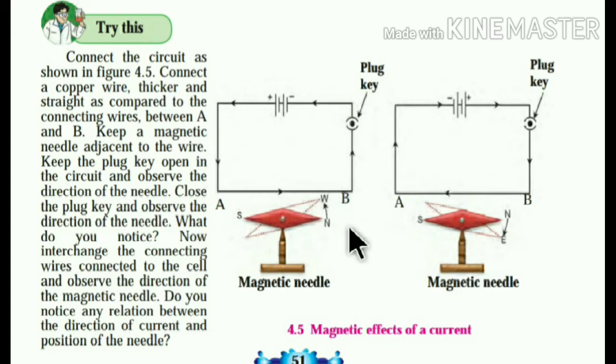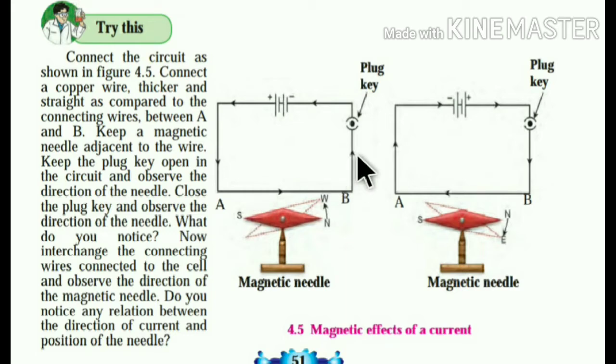Then observe the direction of the needle and then close the plug key. When the plug key is closed, current is flowing through the circuit. Then also observe the direction of the needle and note the observations.